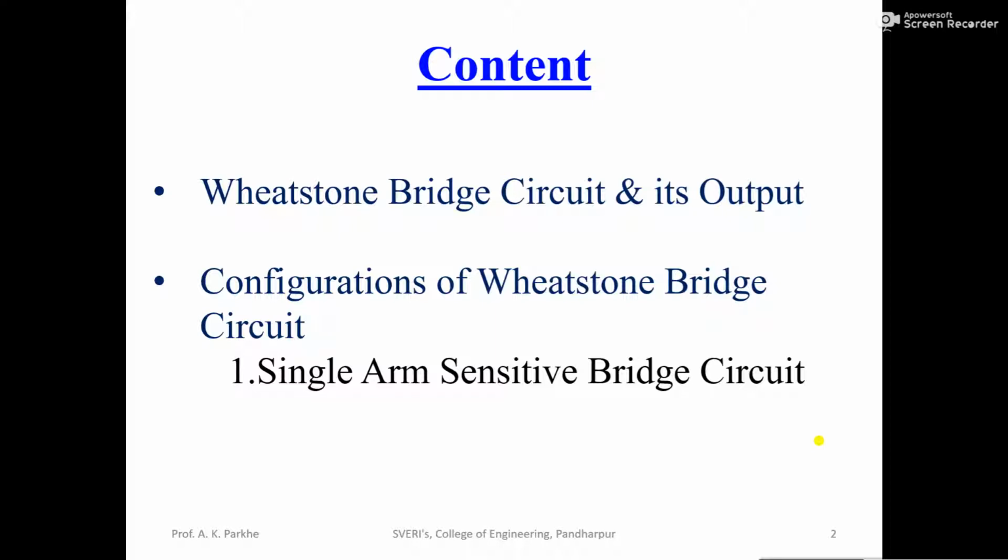After that, we are going to discuss the different configurations of the Wheatstone bridge circuit. There are many configurations, classified according to the number of strain gauges used. In this part 2, we are going to study the single arm sensitive bridge circuit.